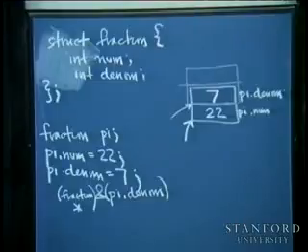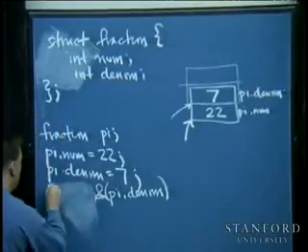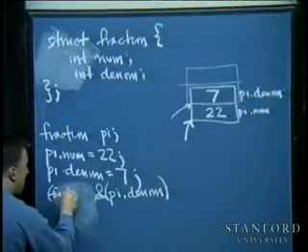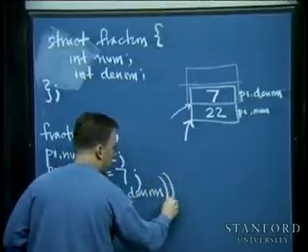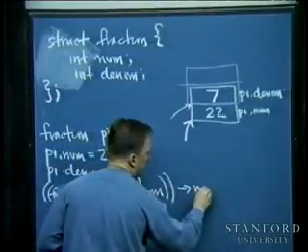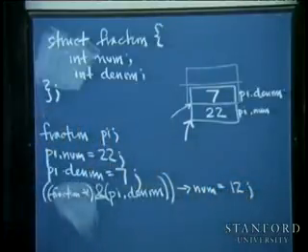So let me actually draw this a little bit more accurately. I go ahead and do fraction asterisk, and I do this. Num is equal to 12. The arrow comes after something that at that moment is assumed to be the address of an entire fraction struct.